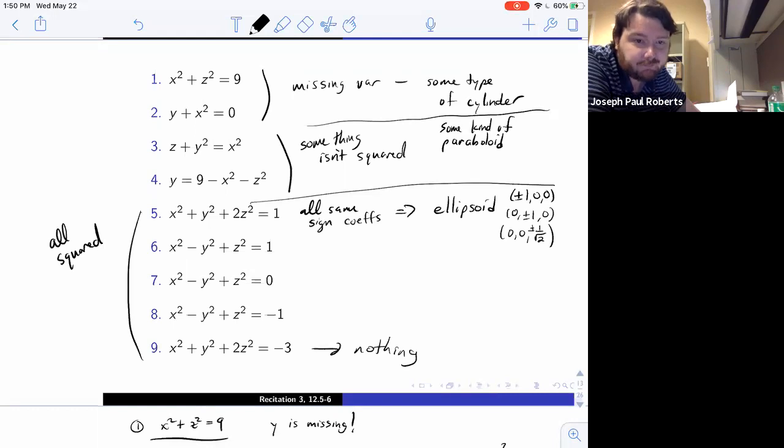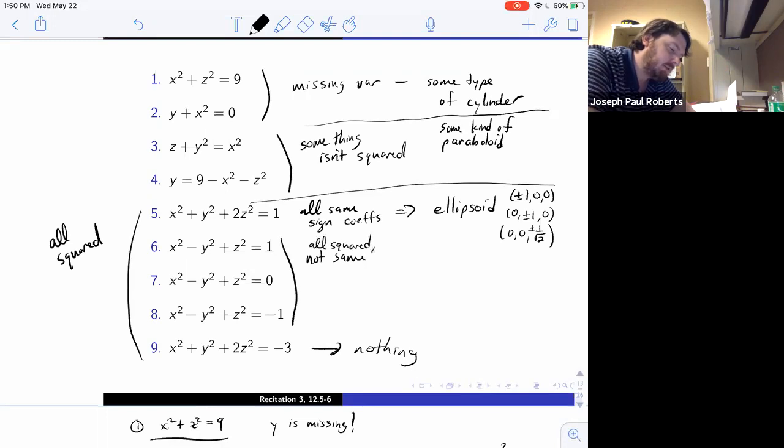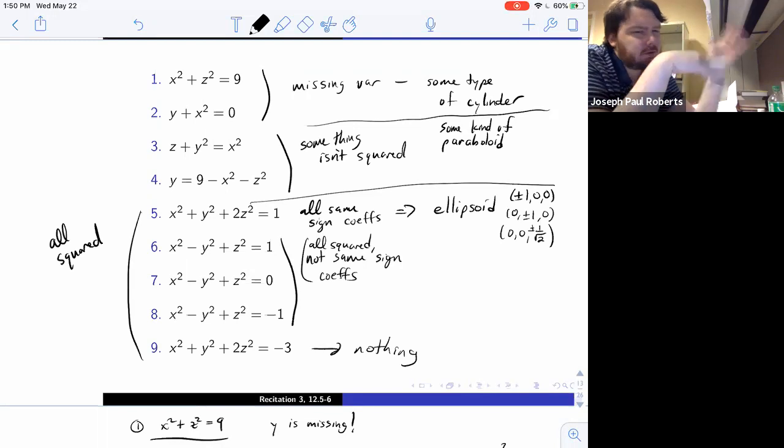So that's nothing. And so then we're left with these three, 6, 7, and 8, so all squared, again, not same sign coefficients. Those are going to be the tricky ones to do. So I think for all these others, you could pretty much memorize it.